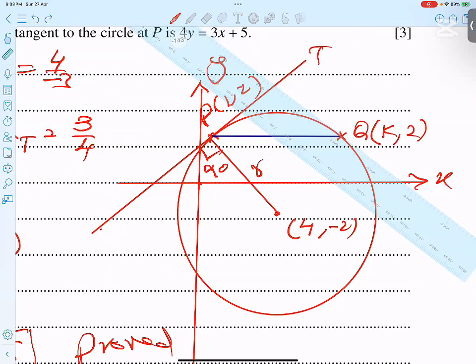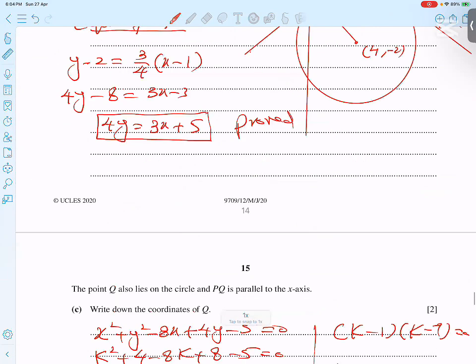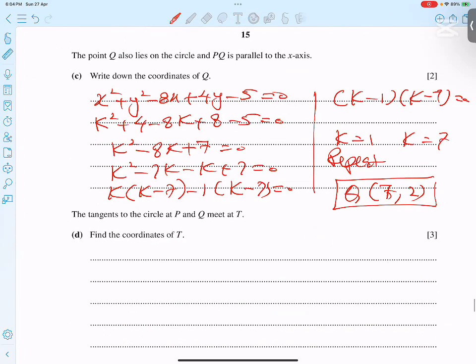Okay, I remove this. They are intersecting at T, which is this point. And this is the whole story. He was asking to find the coordinates of T.